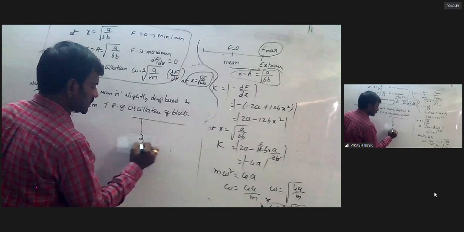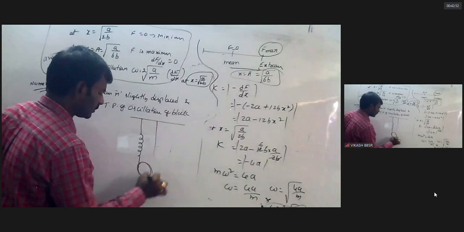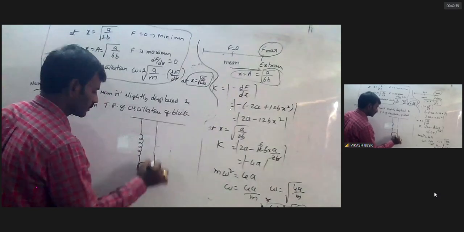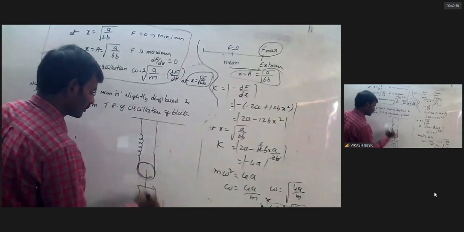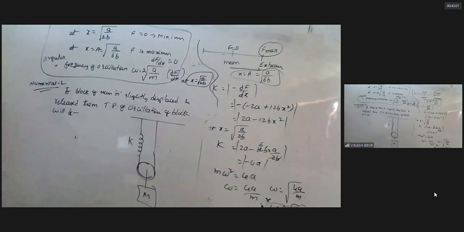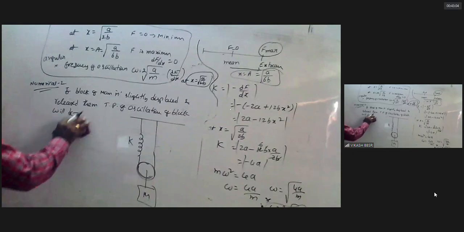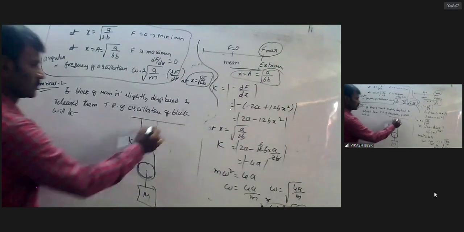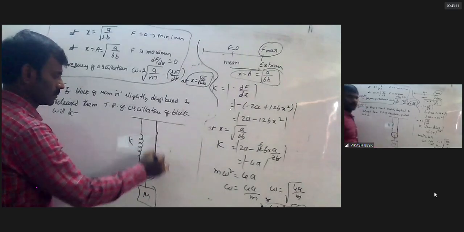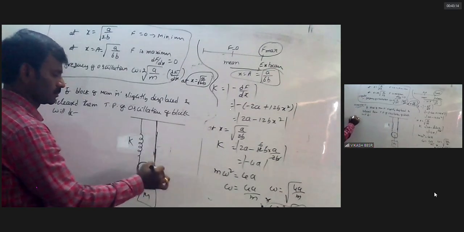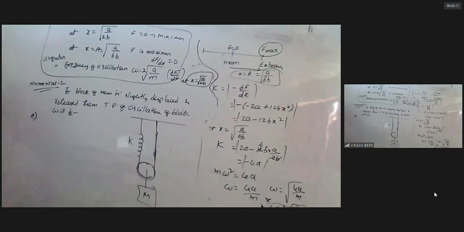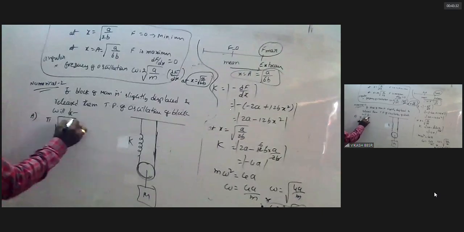Time period of oscillation of block will be: option A, pi into root of m by k.